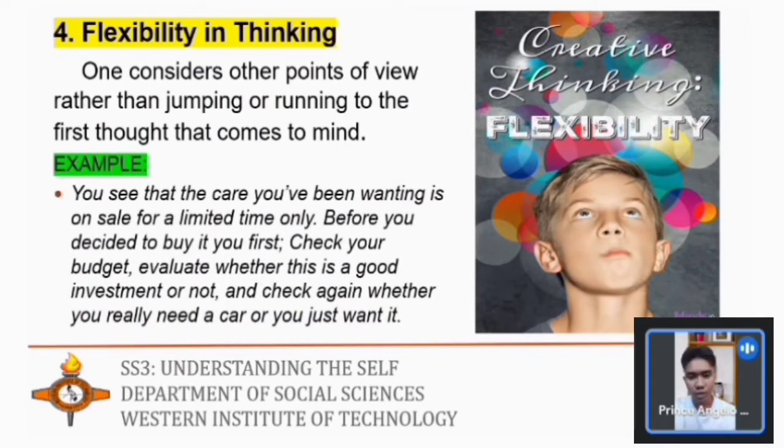Number 4, flexibility in thinking. One considers other points of view rather than jumping to the first thought that comes to mind. Example, you see that the car you have been wanting is on sale for a limited time only. Before you decide to buy it, you first check your budget, evaluate whether this is a good investment or not, and check again whether you really need a car or just want it.